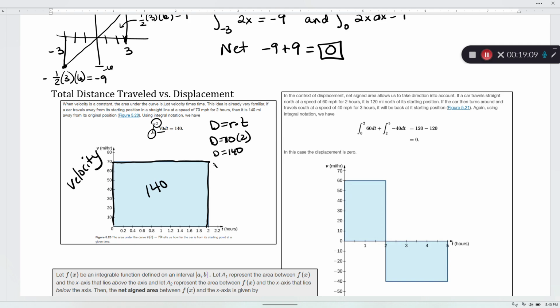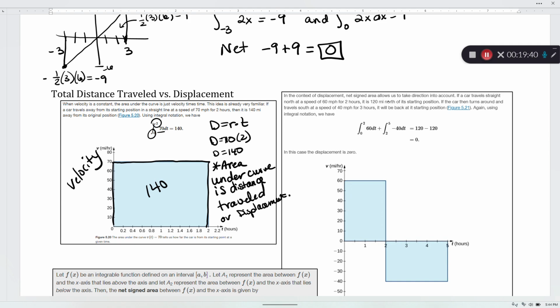So point is, now I'm going to contradict myself here. It's either distance traveled or displacement. Okay, let's look at a displacement example.